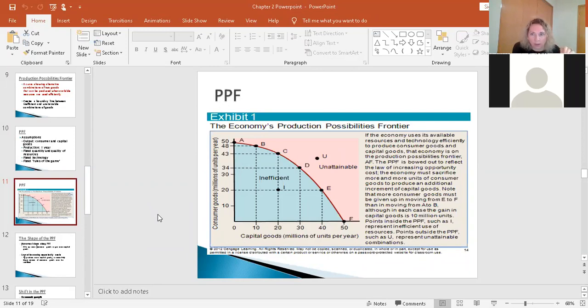So here's the takeaway. The reason the law of increasing opportunity costs exists is because every economy has its own unique pool of resources that is better suited to making one over the other. And so if we had lots of agriculture, which we do, and we are trying to force our economy into making all capital goods, we get down to point E and we're trying to convert our resources into capital goods.